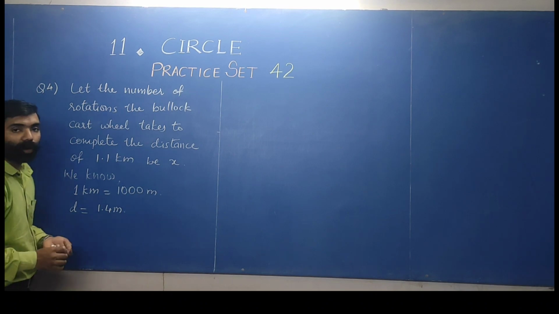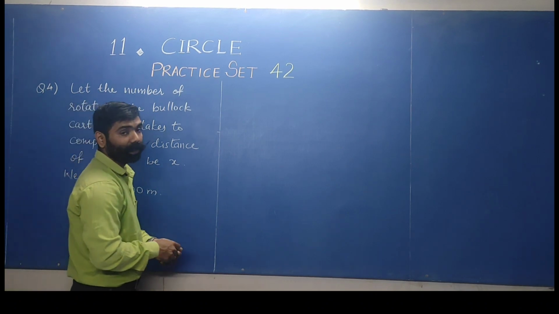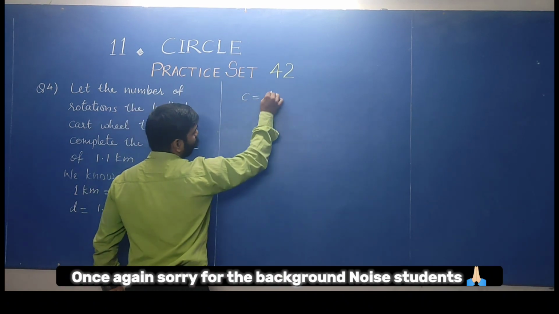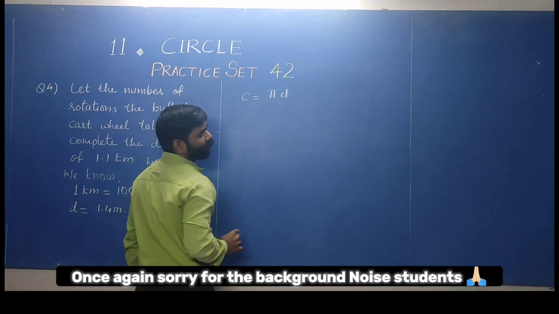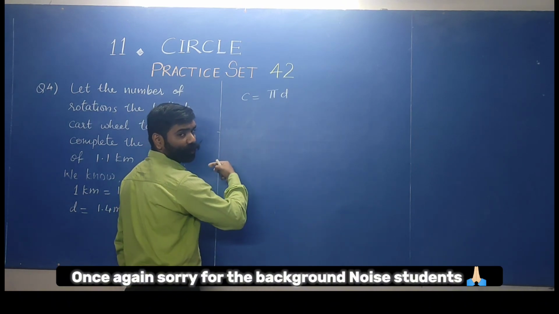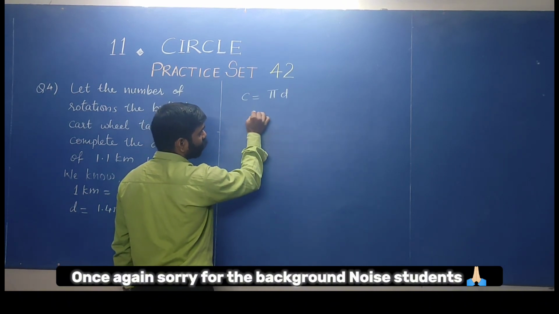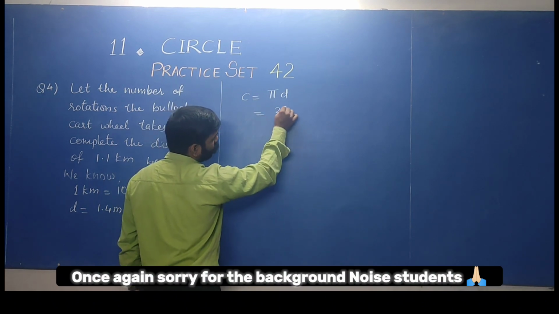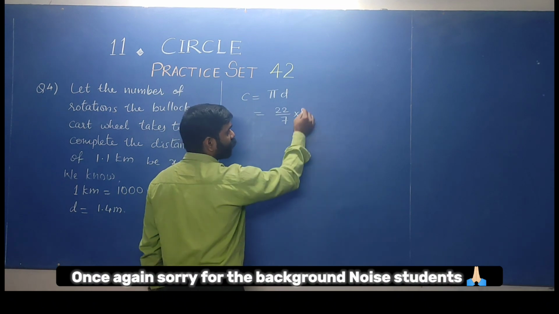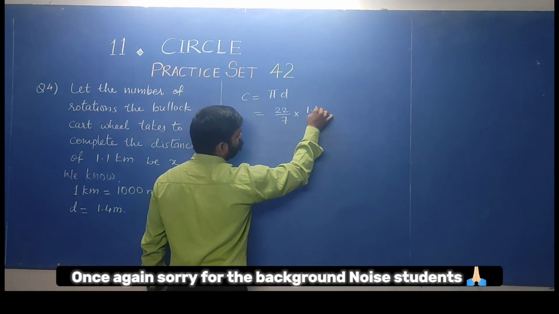Now, as we know the formula for circumference, C is equal to pi D. This is another formula which we have discussed before. So I am directly putting the values for pi, that is 22 upon 7, into the value for D, which is 1.4.